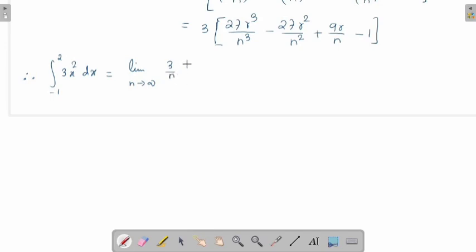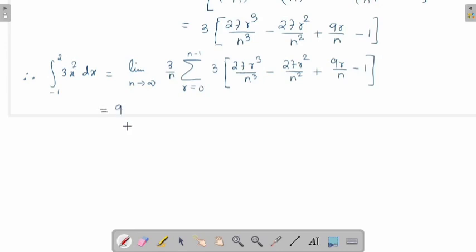So 3 by n, summation where r is from 0 to n minus 1 of f of (a plus rh), which is 3 into (27 r cube by n cube minus 27 r square by n square plus 9r by n minus 1). So bring this 3 out here, 3 threes are 9, bring that 9 outside.